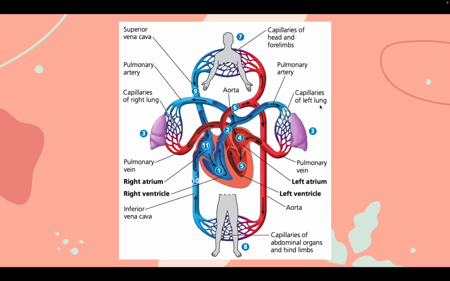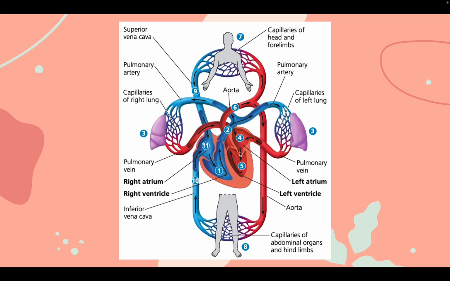So we're just going to go through this picture really quickly. We're going to start at number 1, which is essentially this oxygen-poor, thus blue, blood going from the right atrium into the right ventricle, and then the ventricle is going to pump the blood into the pulmonary artery, into the lungs, and then that's going to come back through the pulmonary vein and into the left atrium, and this is the most oxygenated this blood is going to be.